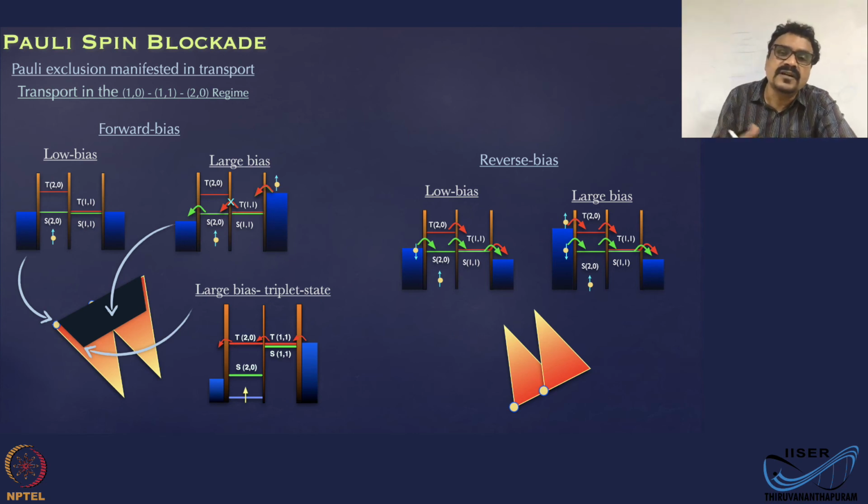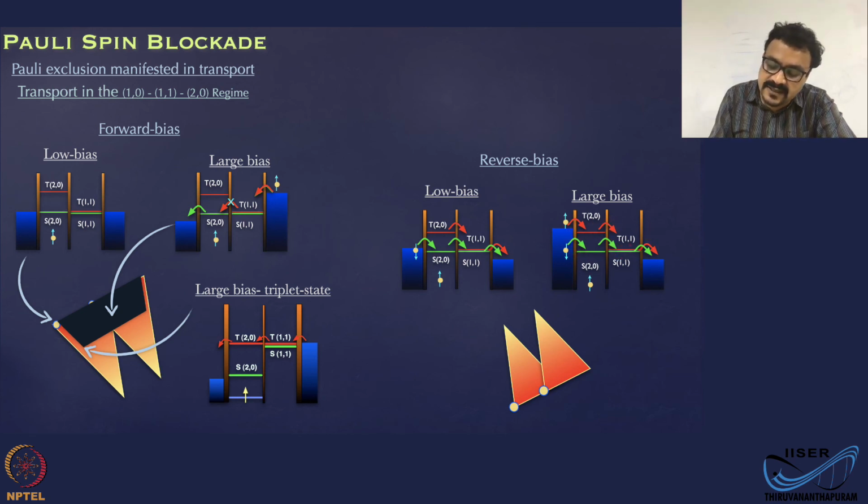Again, these are all in the single electron tunneling regime. And when you increase the bias, the spin down electron can go to the S20 channel, and the spin up electron can go to the T20 channel. So you have both spin up and spin down electrons participating in the transport.